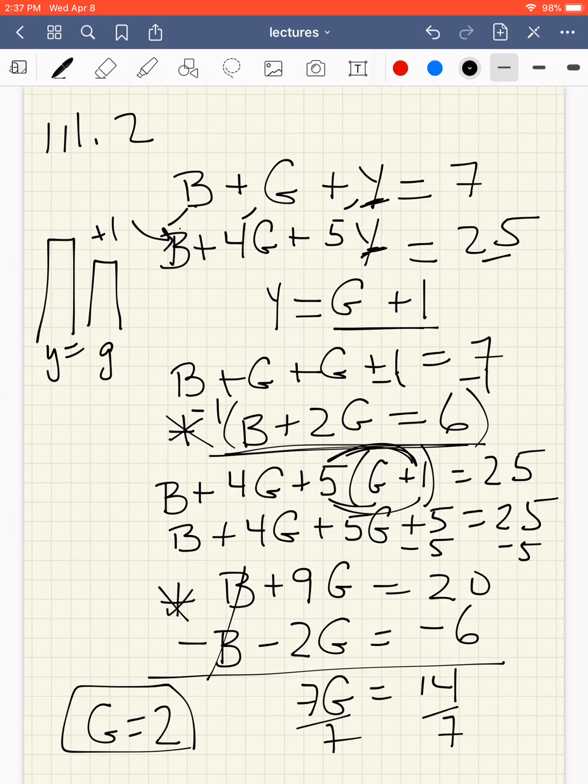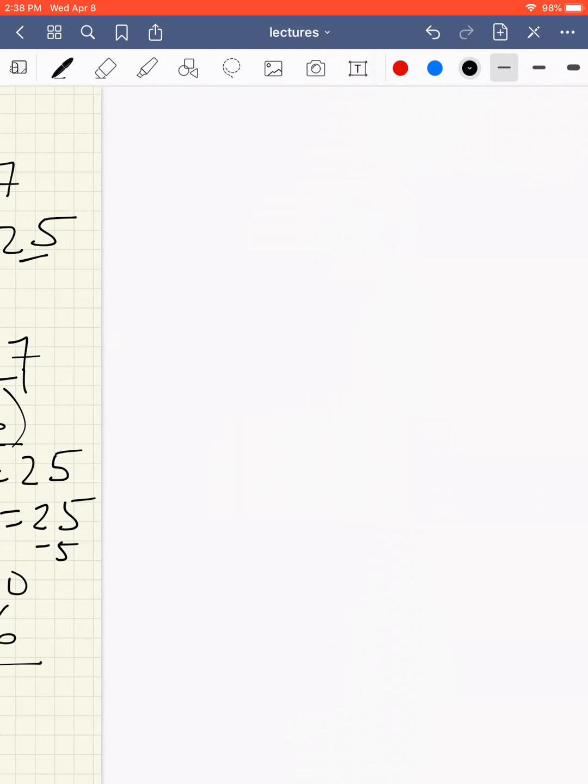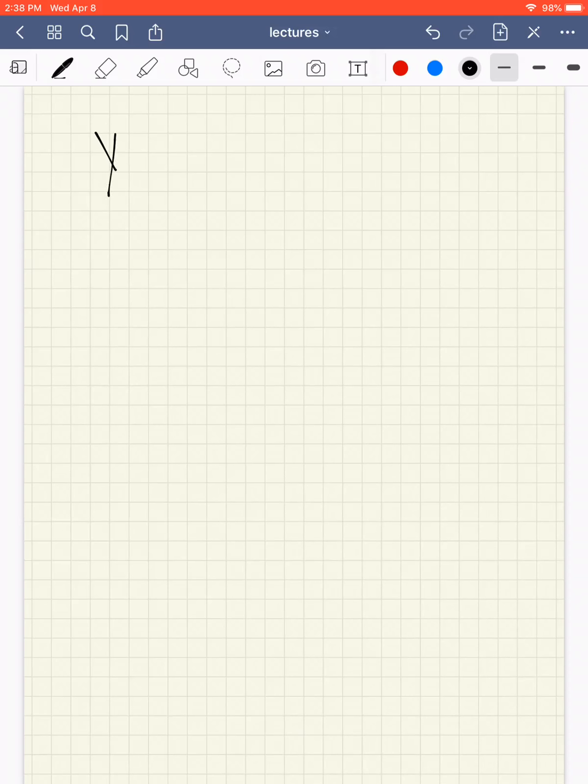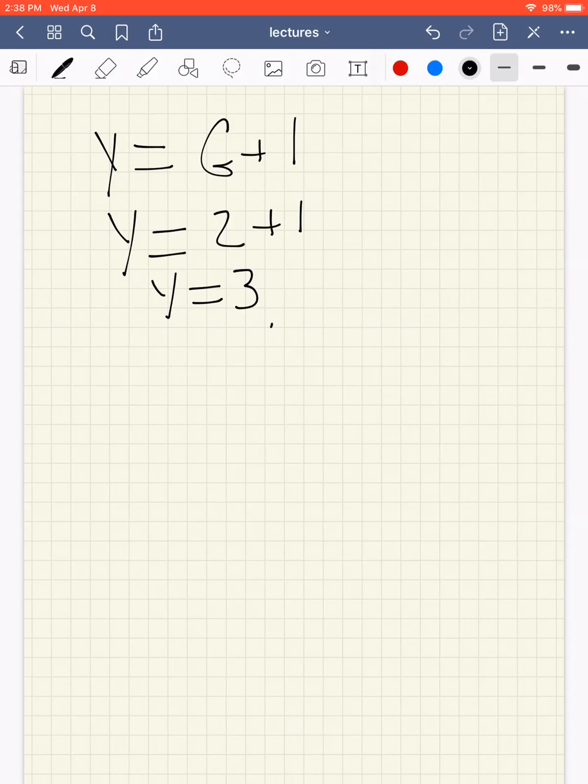And it wants to know how many of each color are there. Well, Y is going to be G plus 1. Okay, so Y equals G plus 1. And we just found out that G was 2, so that'll be 2 plus 1. So Y is equal to 3.